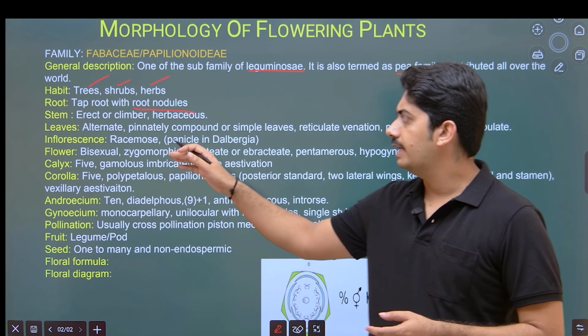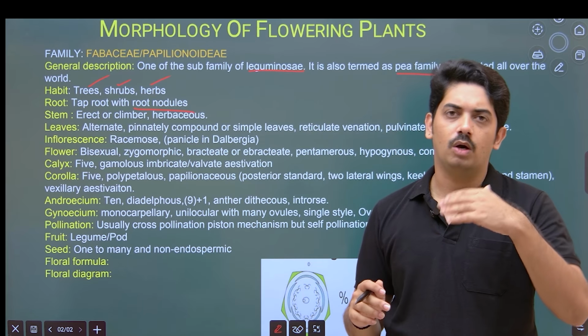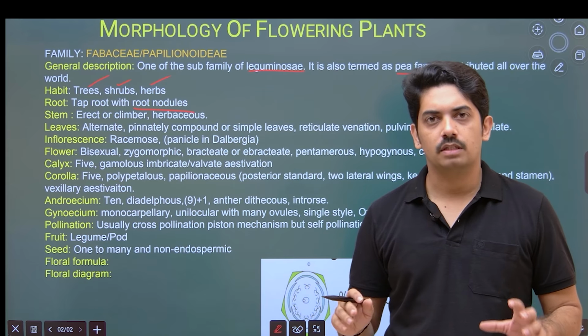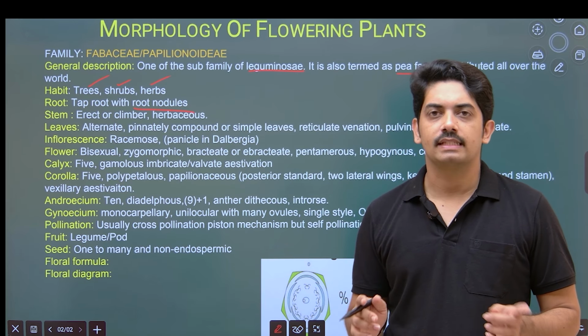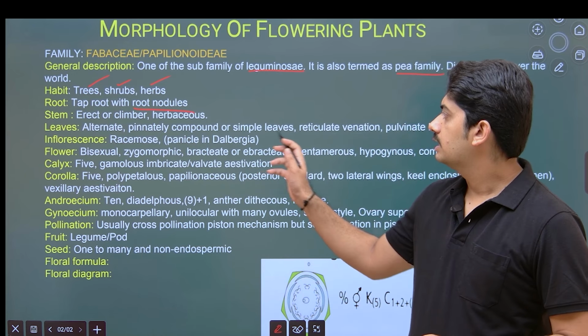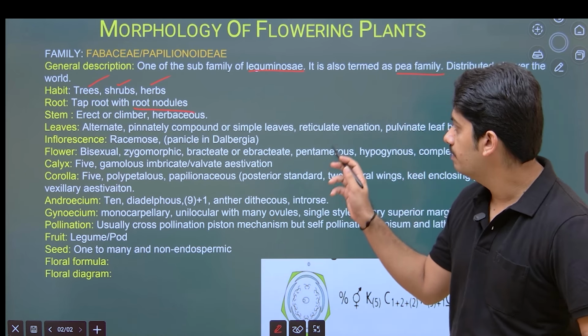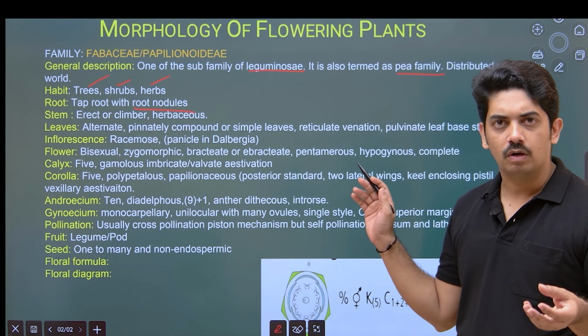Leaves alternate, means one after the other in the opposite side. Then pinnately compound, here compound leaves are present. Leaflets are present on either side of the rachis. Simple leaf, both the type is observed, compound as well as simple. Reticulate venation, that is the peculiar character of all the dicot plants.